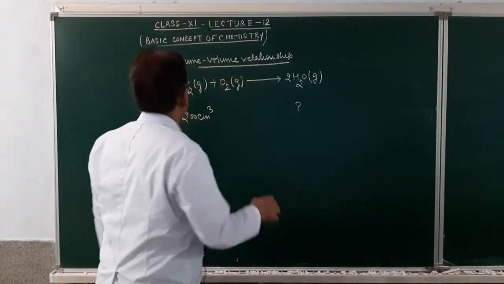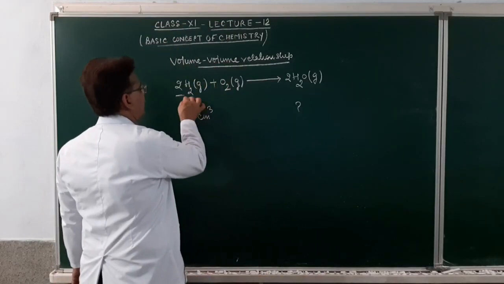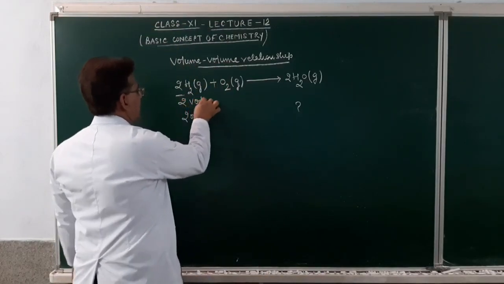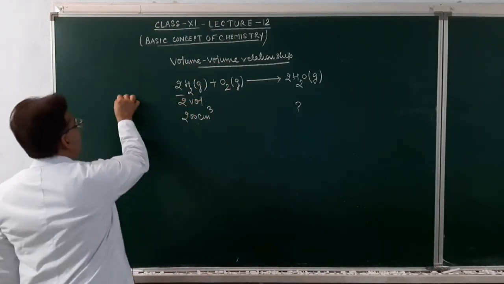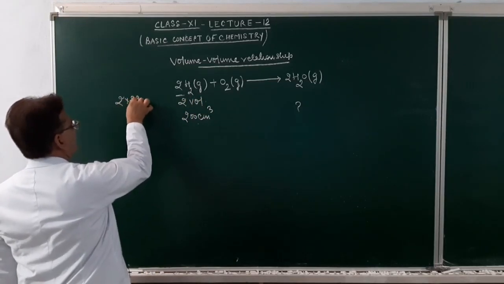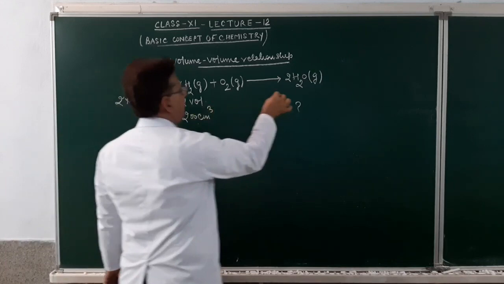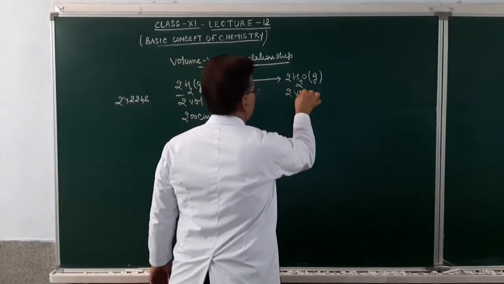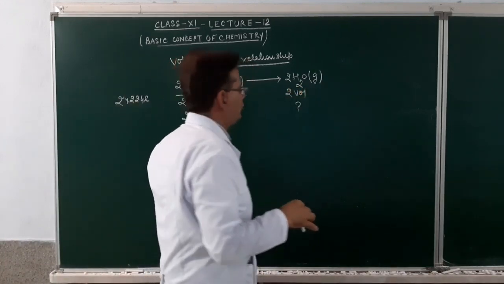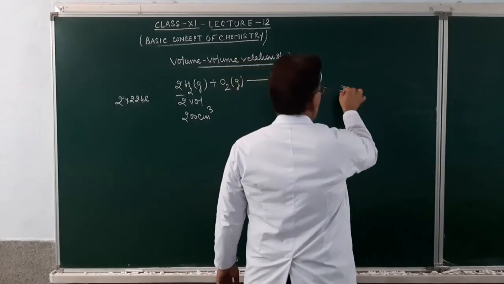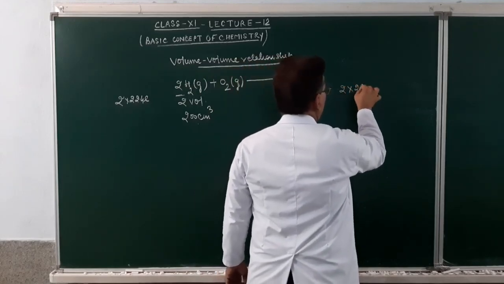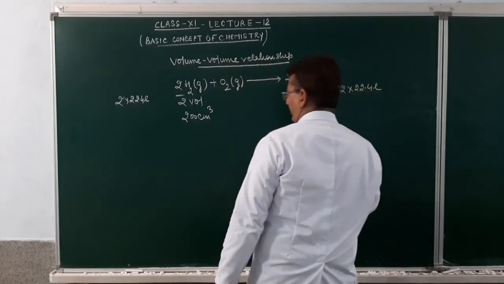Just see over here. What is the volume over here? It is 2 volume. 2 volume means 2 into 22.4 liter. Am I clear? 2 mole volume. Here again, how much volume of water is produced? It will be 2 volume, which means 2 mole volume, 2 into 22.4 liter.